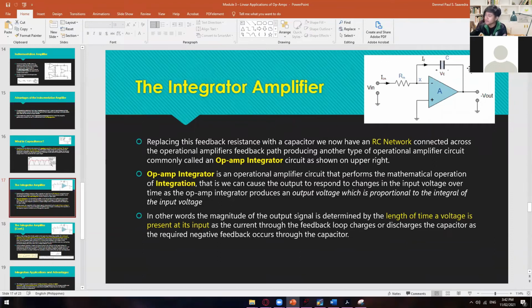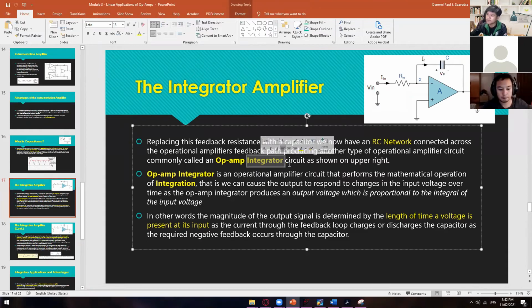By replacing the feedback resistance in this inverting amplifier with a capacitor, we now have an RC network. So we have the R in and then the capacitance network connected across the operational amplifier's feedback path, producing another type of operational amplifier circuit, commonly called an op-amp integrator. So if you change the feedback resistor to a capacitor, you are now making the op-amp integrator. Simple as that.